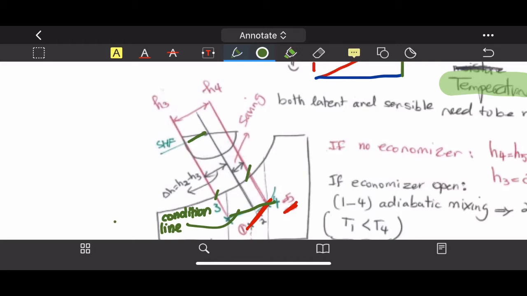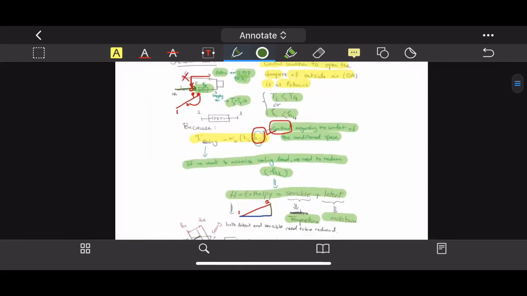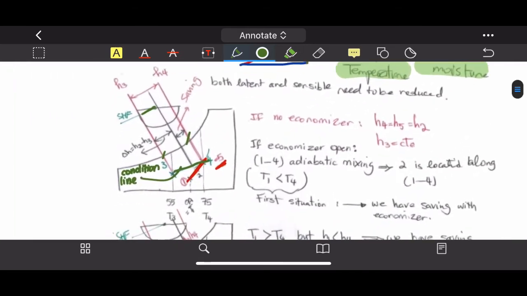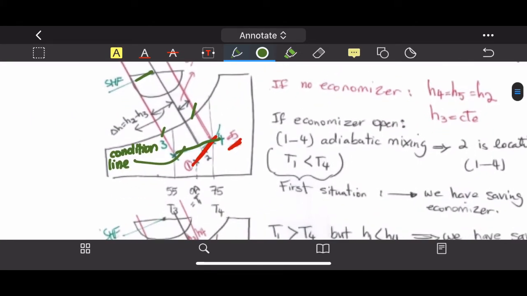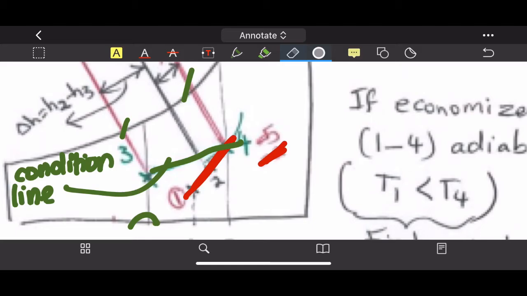Okay, so this first diagram is for the winter month. As you can see here, there's outdoor air. This is for T1, this is for T3, this one is for T4. Now, H2 minus H3 will be here. The position of 2 is important because 1 and 4, when they mix, will become 2.